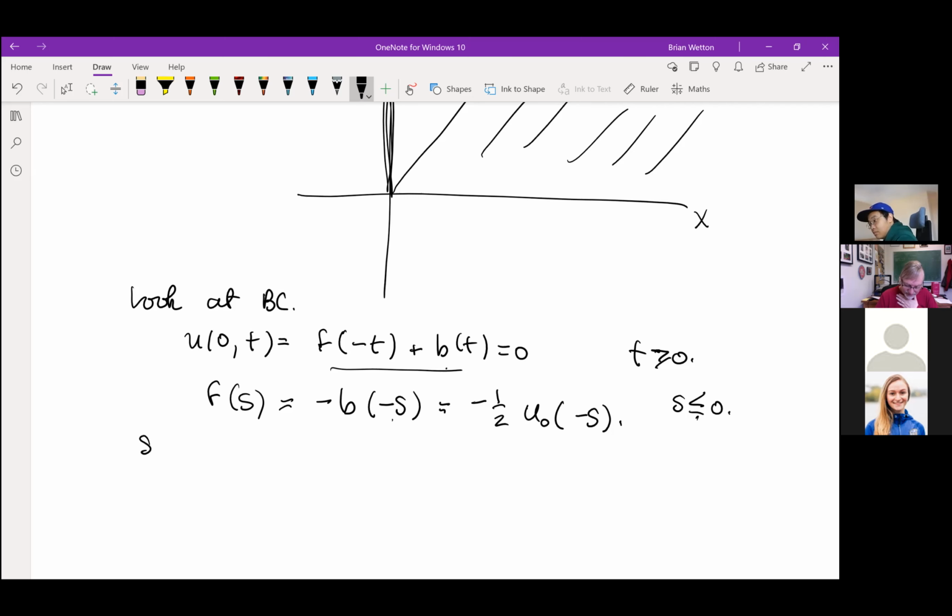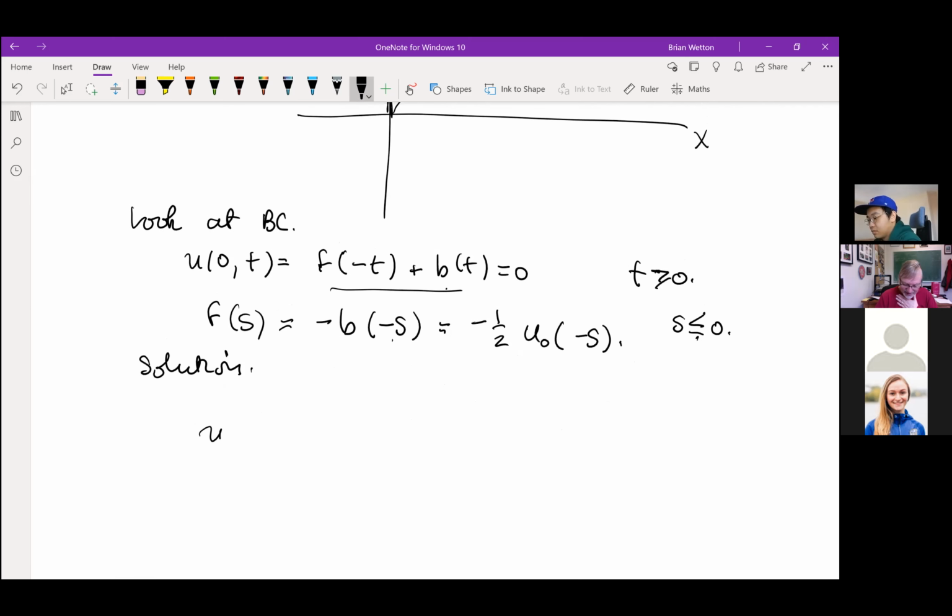So the solution is u of x and t. Well, when x is bigger than t, everything's determined by the initial conditions. So I get the usual 1/2 u0 of x minus t plus 1/2 u0 of x plus t.